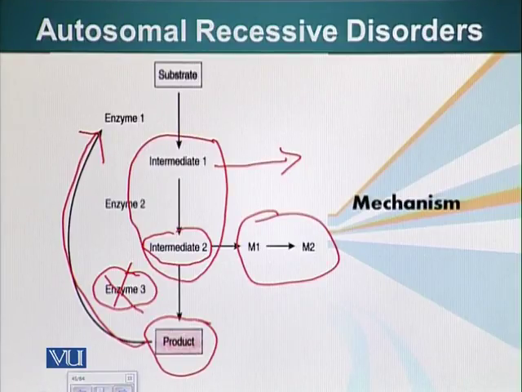These toxic byproducts can also result in cell injury and disease. So two mechanisms: one, absence of the product which is required by the cell, and number two, production of toxic material from the intermediates, which can cause injury too.